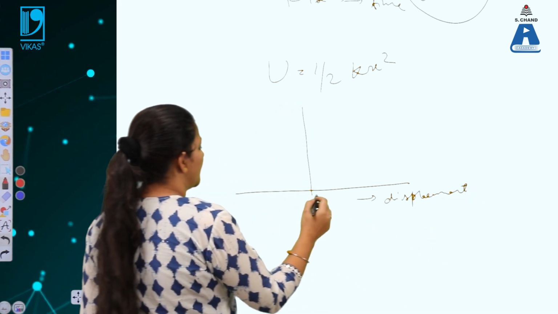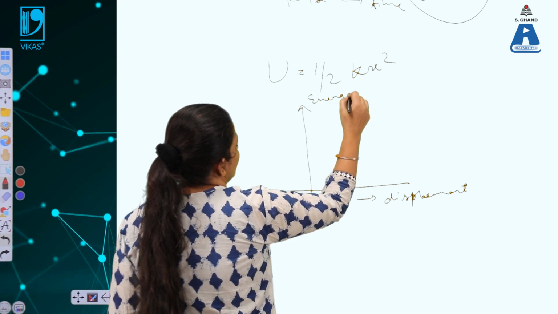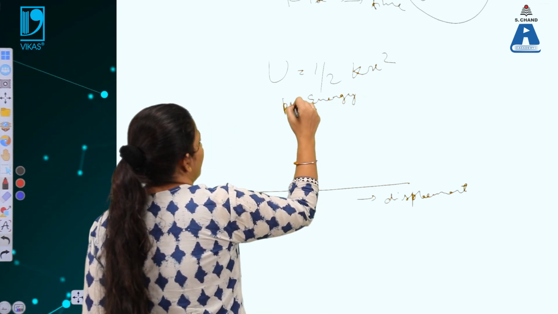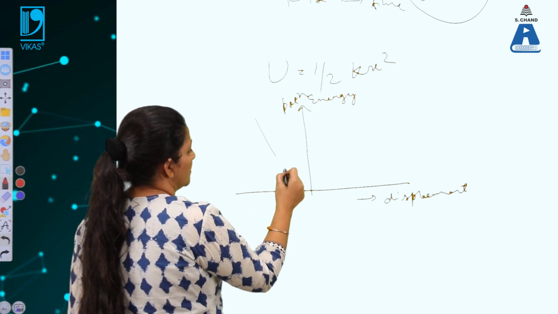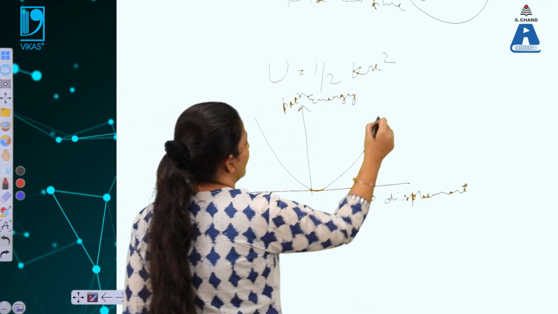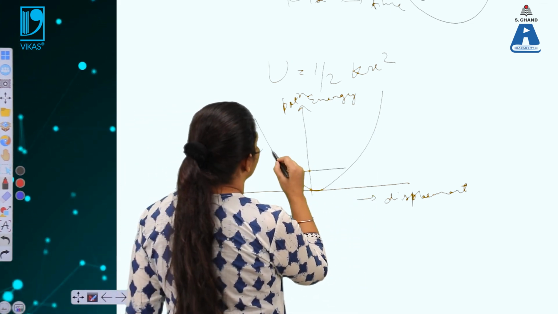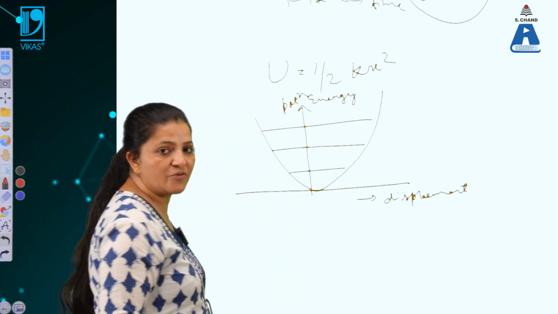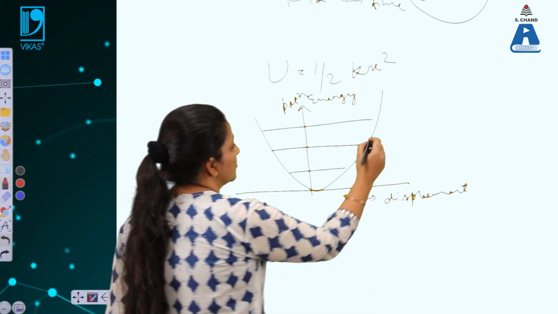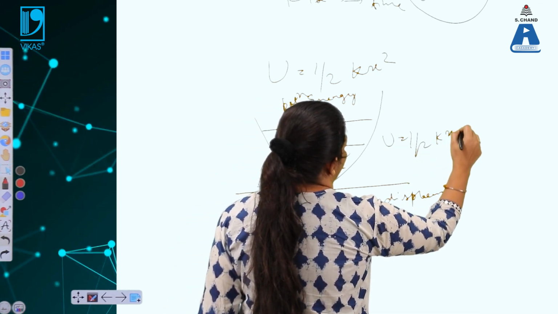If this is the displacement, and along this direction there is the variation of the potential energy, then the variation is given by a curve like this. These are the energy states of the simple harmonic oscillator. So the potential energy is given by ½kx².